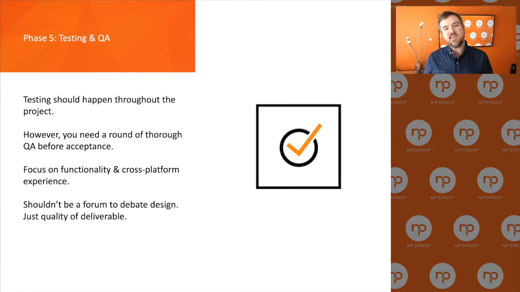And then you need to test how does this all work together when the implementation is done. I include this as a separate phase, even though it should be happening, because I see this as being an acceptance phase. And that is the time for you, the client, to spend time reviewing and making sure that everything identified in the discovery has been accomplished. So for you as a client, what can you do? Well, first off, you can go and you can browse around page to page on multiple devices and make sure everything looks as intended.